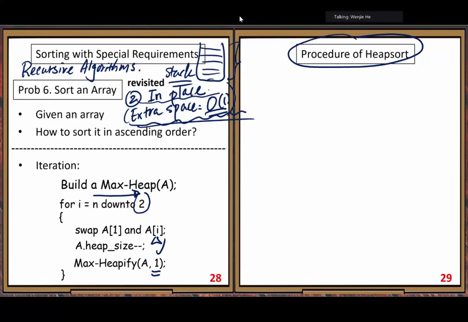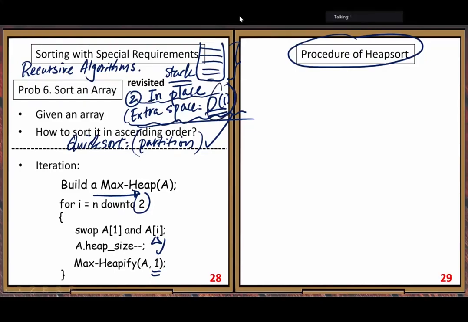Although for each divide step, if we use quicksort, we look at the partition step. Each partition step is in place. Just one partition is in place. You swap, so you do not need a lot of extra space, bounded by big O of 1.